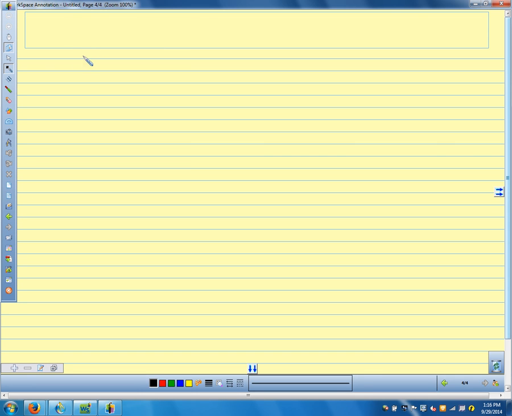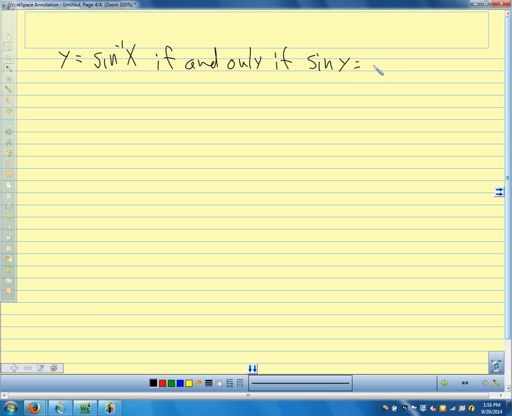So for our inverse functions, y equals the inverse sine of x if and only if sine of y equals x.